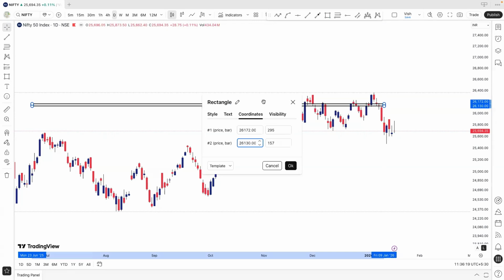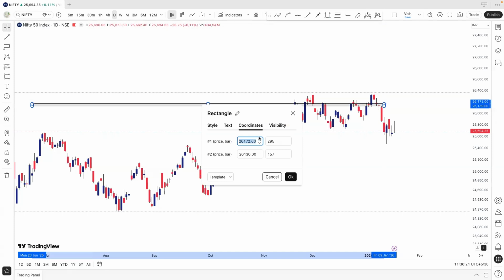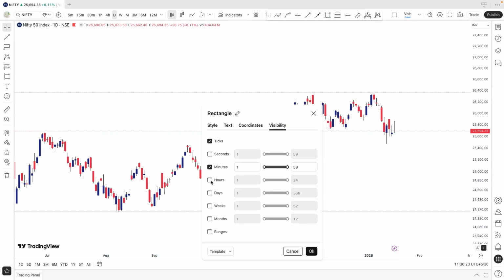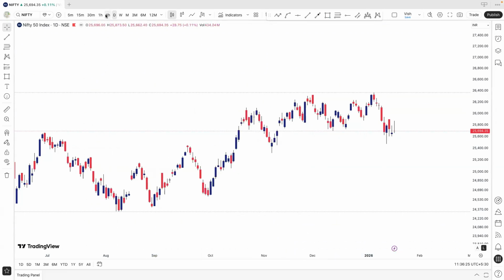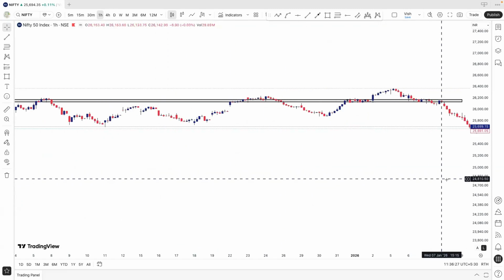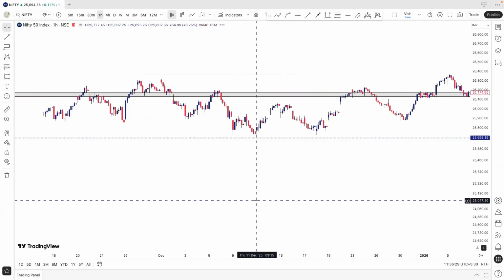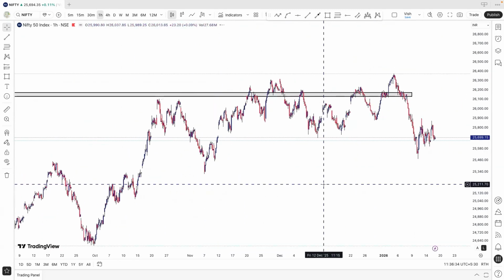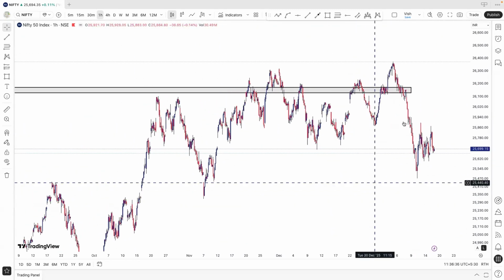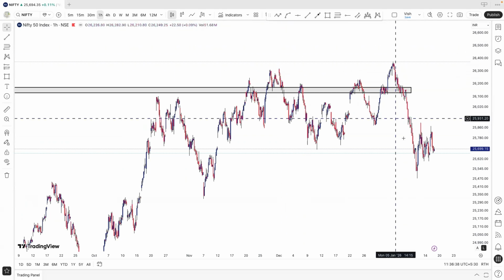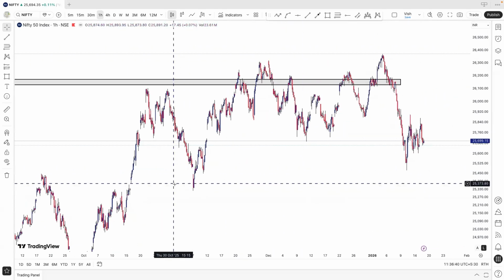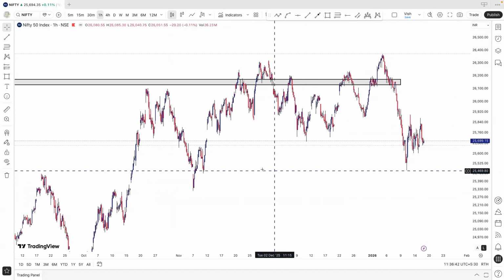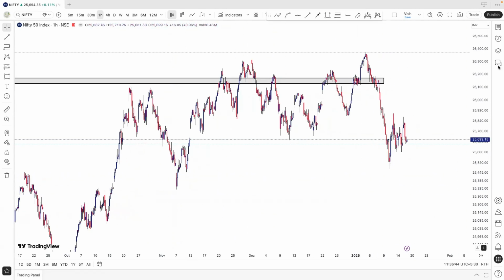Let me take it to minutes or hours, it makes it easier. And it will come like this. You will see proper price action happening here. And the minute you start drawing others, they will start overlapping and coming here. Somewhere here, you'll start seeing those 2, 3 overlappings happening.